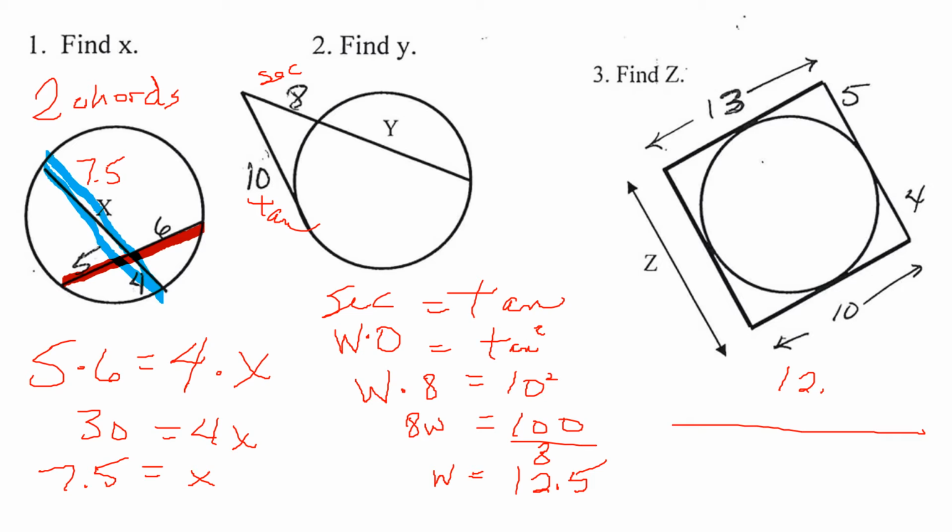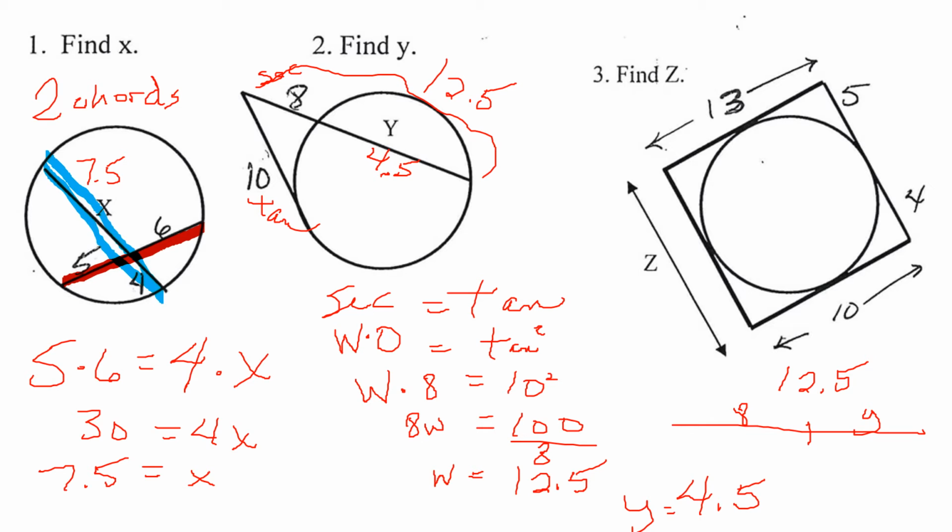You're saying it's 12.5. You got one piece of the segment that's 8. The other piece is y. Segment addition postulate one more time. And you get 4.5 for y. 4.5. They add up to 12.5. That's what we're talking about. This whole thing was 12.5.